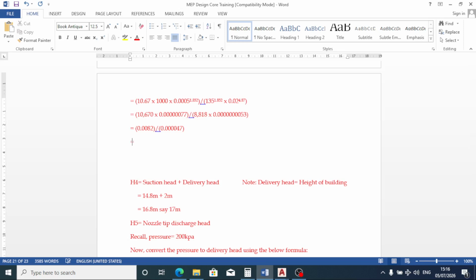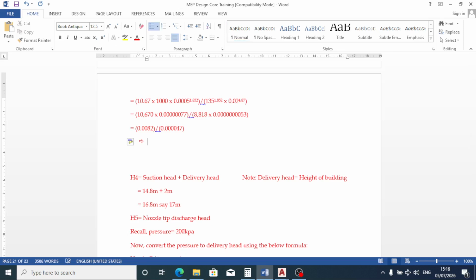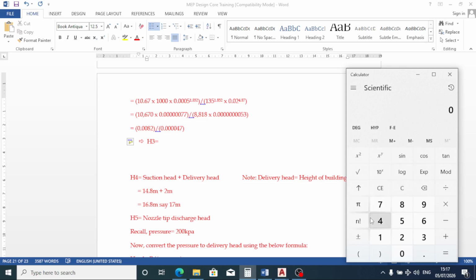Which implies that our H3 will be equals to, let's evaluate this, 0.0082 divide by 0.000047. We'll be having 174.